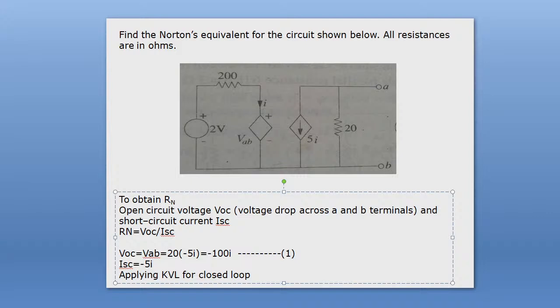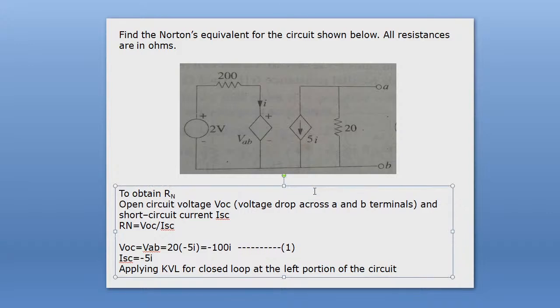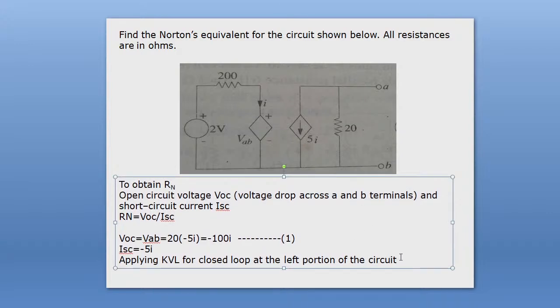at the left portion of the circuit, we can write 2 volt minus 200 I and VAB equal to how much? 0.